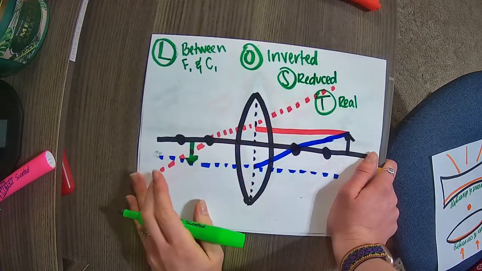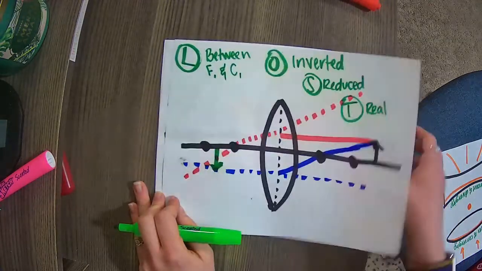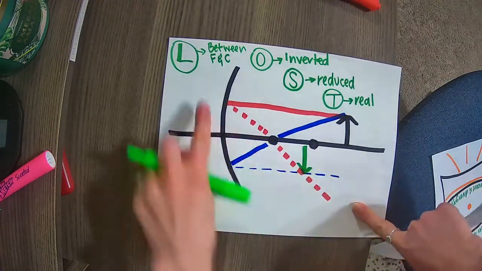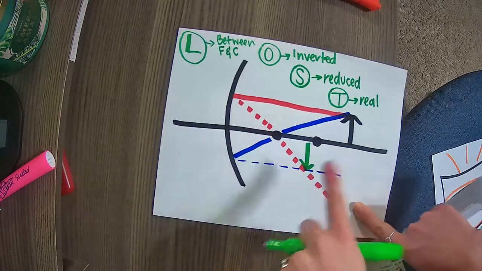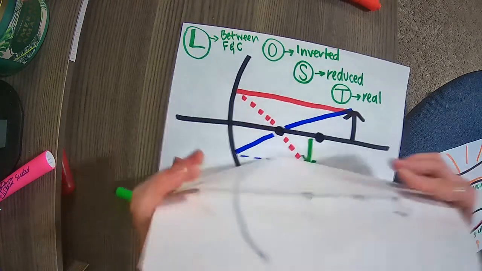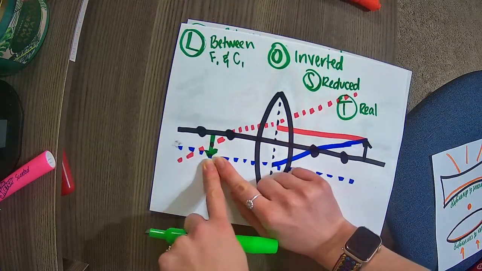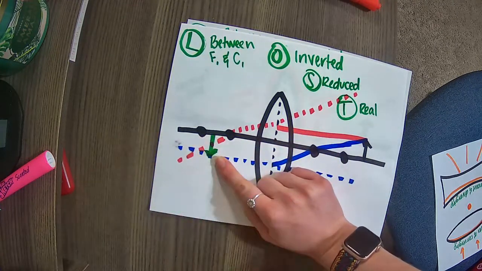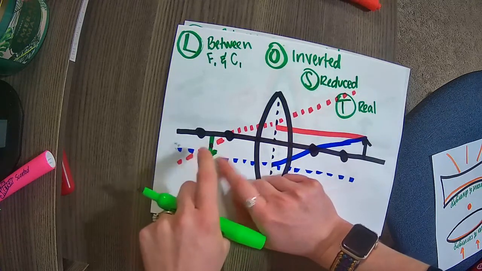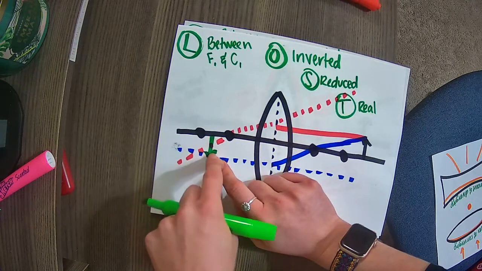Opposite of what we had for our mirrors, where our real image was on the object's side of the mirror. The real images for a lens are going to be through the lens, because you look through a lens and you look at a mirror. If the image is refracted through the lens, it is going to be real.